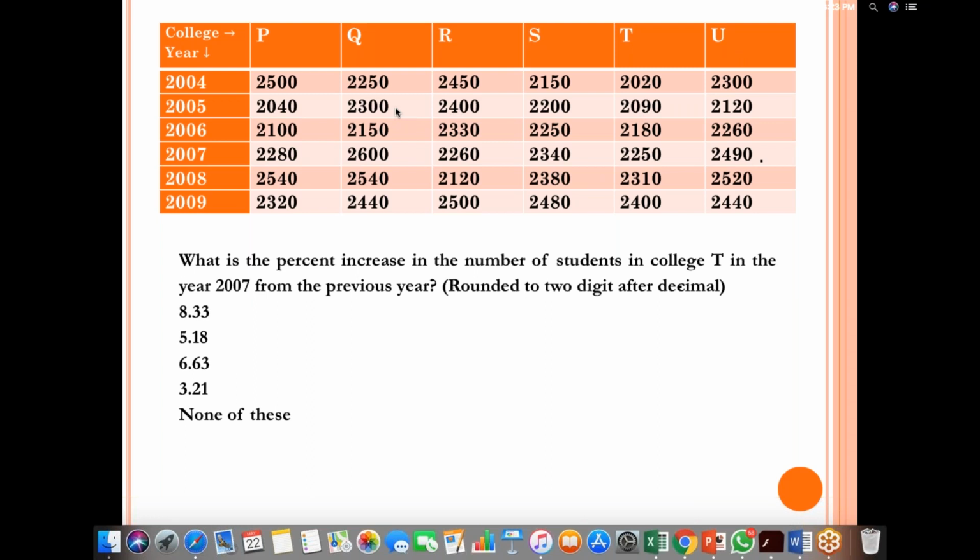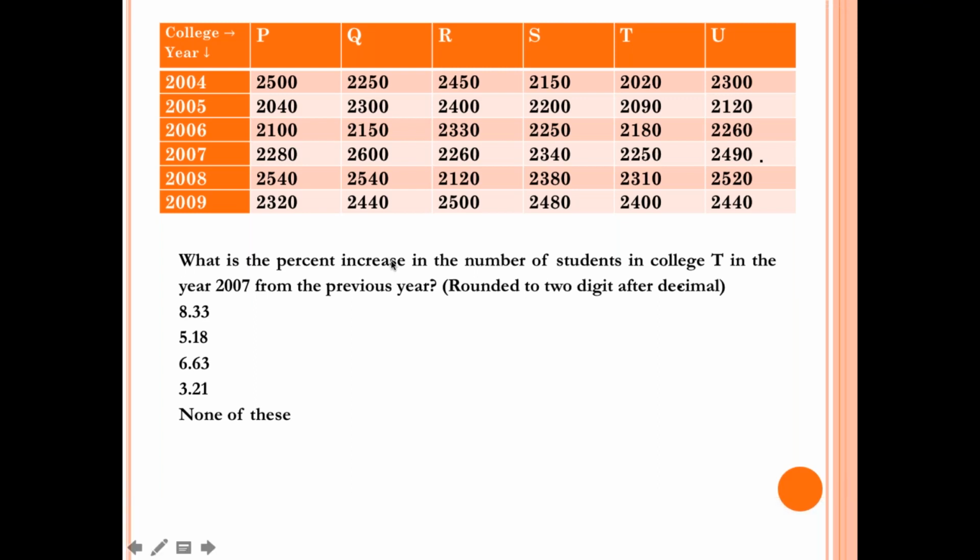Okay, guys. Now, what we are supposed to calculate is the percentage increase in the number of students in college T in 2007 from the previous year. So this is a very easy question, right?